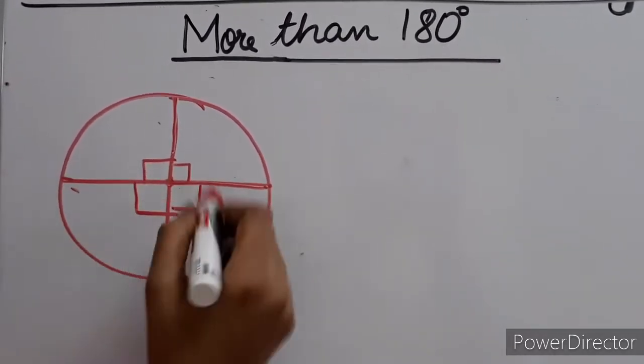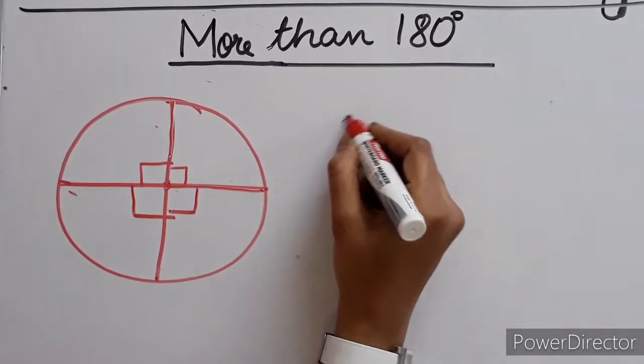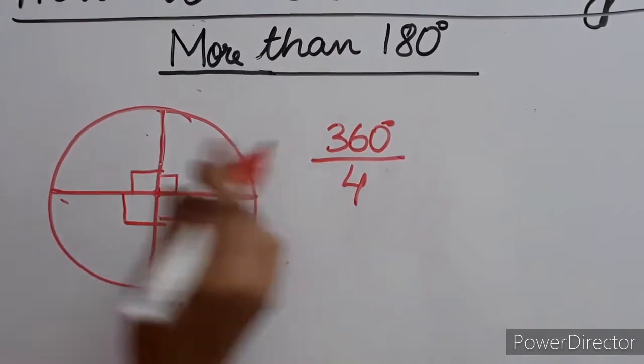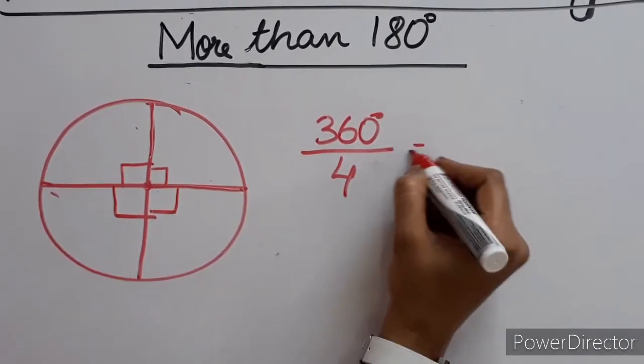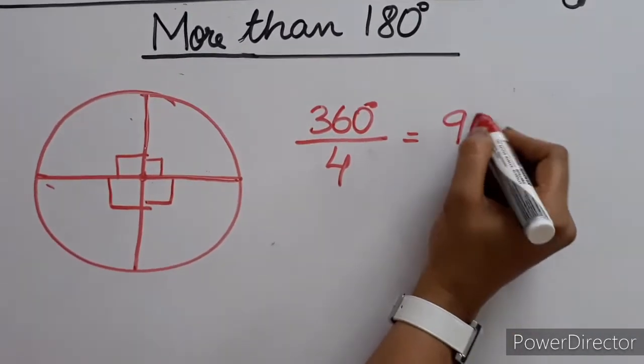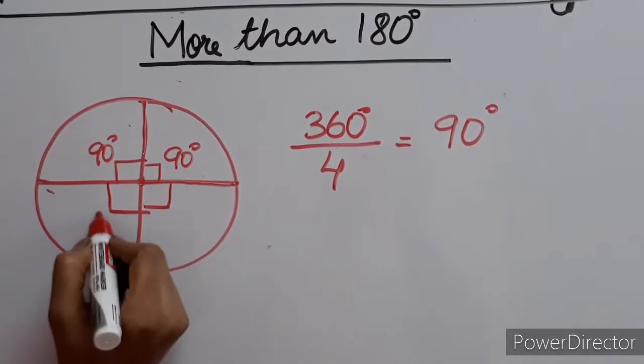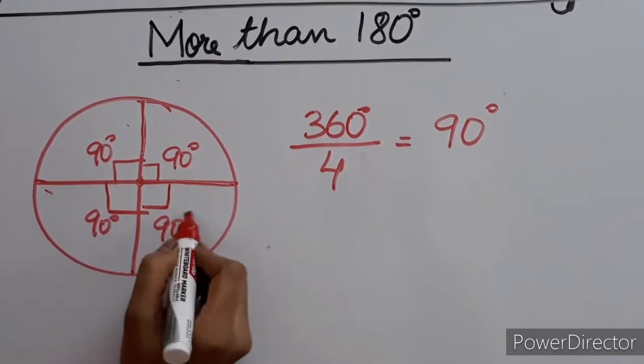There is one complete rotation, so the sum of these angles will be 360 degrees. When we divide it by 4, because there are 4 equal parts, it will be 90 degrees. So each angle will measure 90 degrees. Very easy.